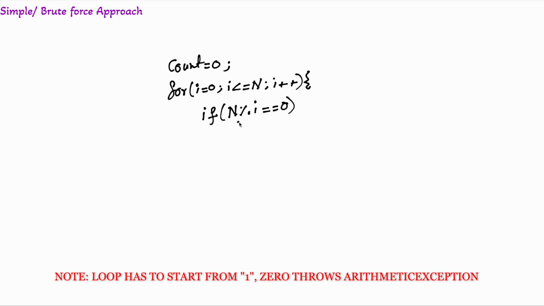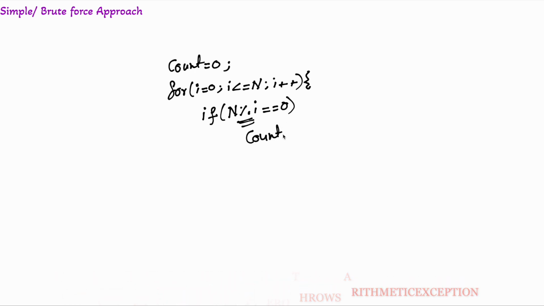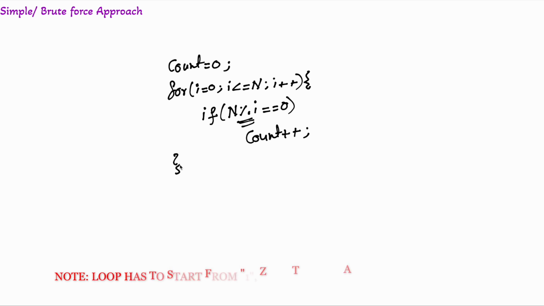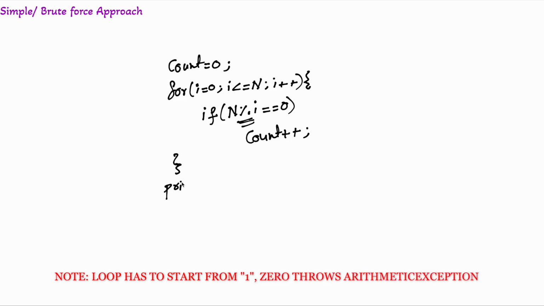Modulo gives the remainder of this division. If it's equal to 0, we increase our counter, and if not, we do nothing. Then once we exit the loop, we print count. This is simple.